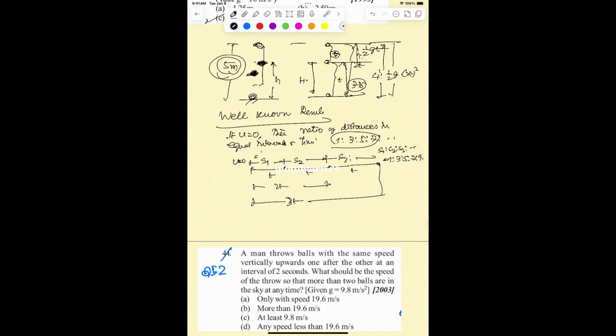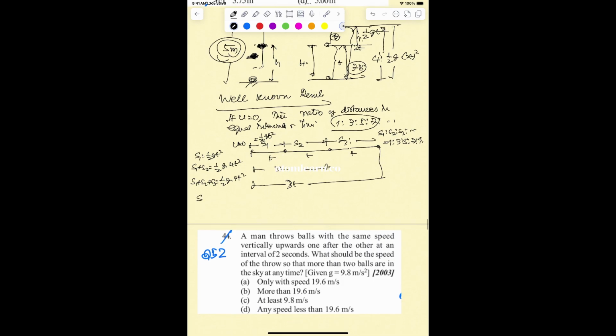How I am saying this is because S1 is equal to half g t squared. What about S1 plus S2 put together? 2t is the time gap, so half g 4t squared. Then S1 plus S2 plus S3 is half g into 3t, the total time, therefore 9t squared. Then what is S1 is to S2 is to S3?